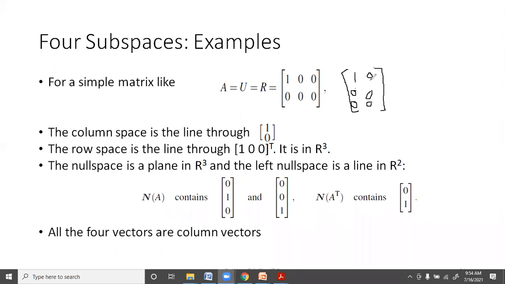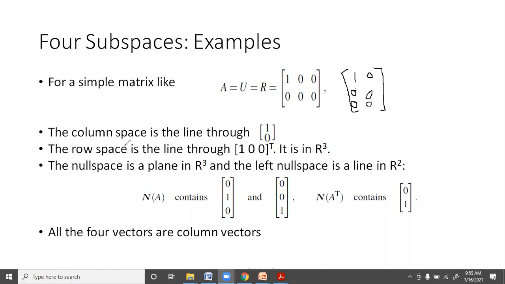So this becomes a free column. This will be a linearly dependent column, because if I multiply these three elements by 0, I'll get all 0. So therefore this value 1, 0, 0 will correspond to the row space, and that is nothing but 1, 0, 0 transpose.